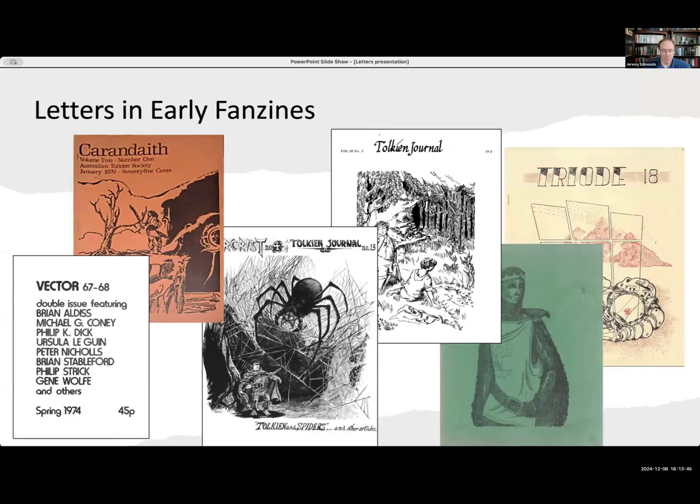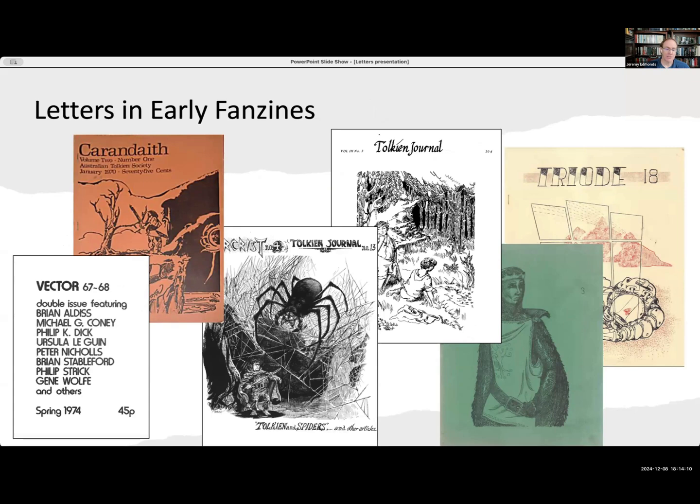So one of the primary sources from letters that we found in the 1960s is fanzines, where these fans themselves would write to Tolkien, and when he replied, they would publish that letter in the fanzine itself to share with their readers. The first one I've come across was in Triode in May of 1960.